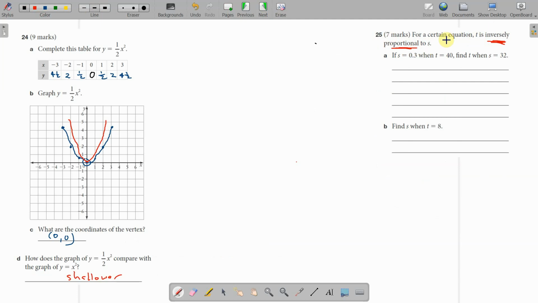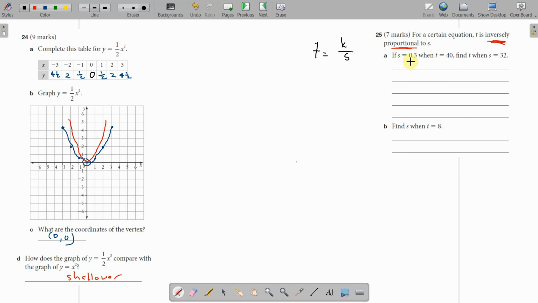First variable is t equals, this time as a fraction for inverse, k over s. And as always, we're going to find out what k is, the link between the t and the s, so we can answer these other questions. Otherwise we're stuck. So inverse is the fraction with k on top.